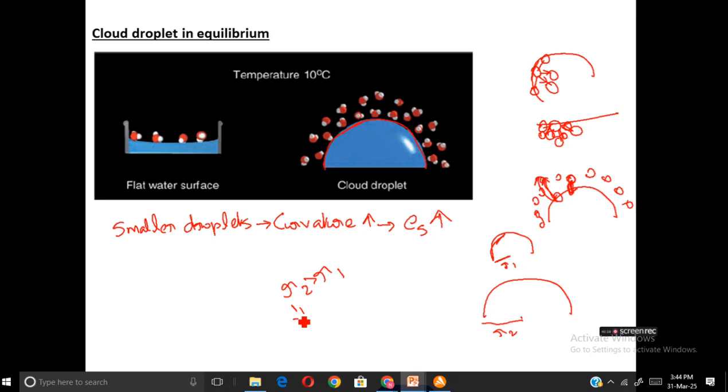So it will more readily evaporate compared to the droplet of larger radius. So if you compare the saturation vapor pressure needed for the droplet to be in equilibrium, in case of a larger droplet the saturation vapor pressure required will be less, whereas in case of a smaller droplet the saturation vapor pressure required is more.